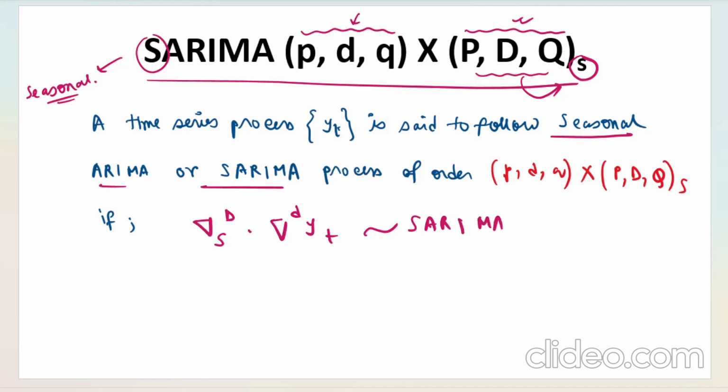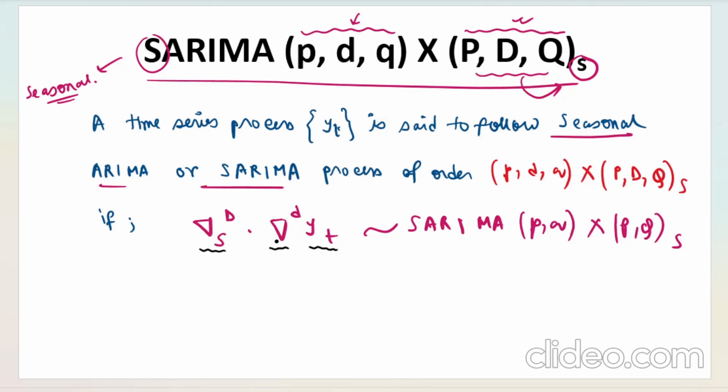This follows SARIMA p, q, P, Q, S. I know it looks very complicated, but again I'll say if you think about this, you will not find it difficult. So it basically says here on the original process you have to apply both the seasonal difference operator and also the differencing operator.